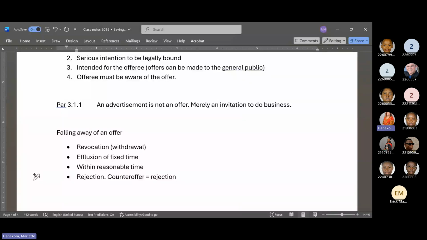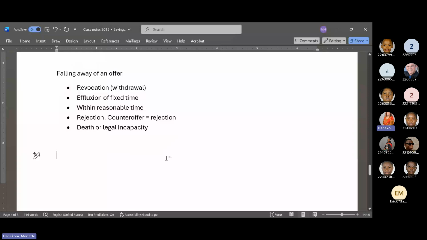She has rejected my original offer and made a new offer for 200,000, which I can then either accept or reject or make yet another offer. And then death or legal incapacity. If I've made an offer and I die before you accept it, then the offer will essentially die with me.